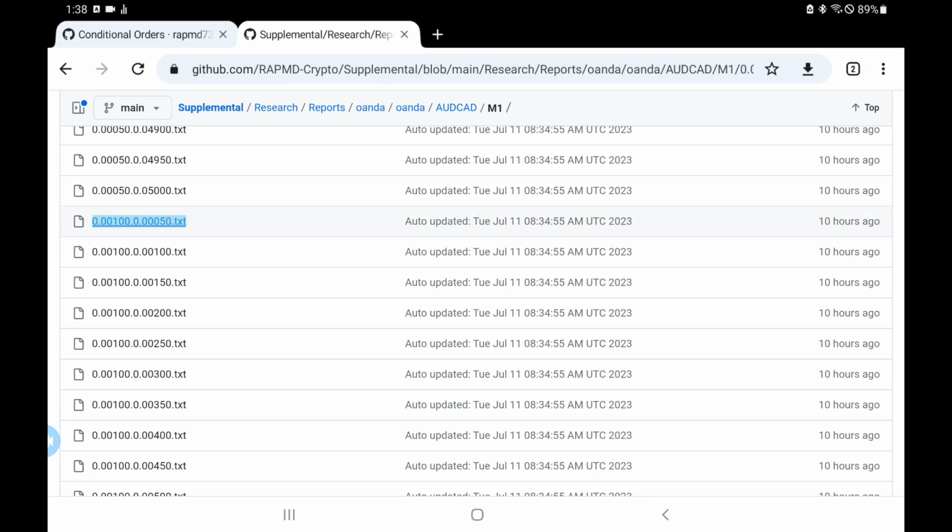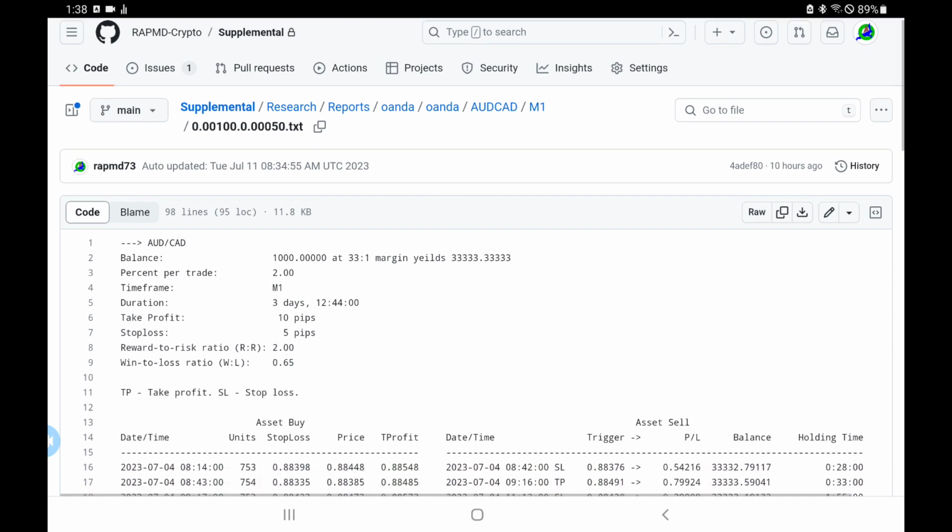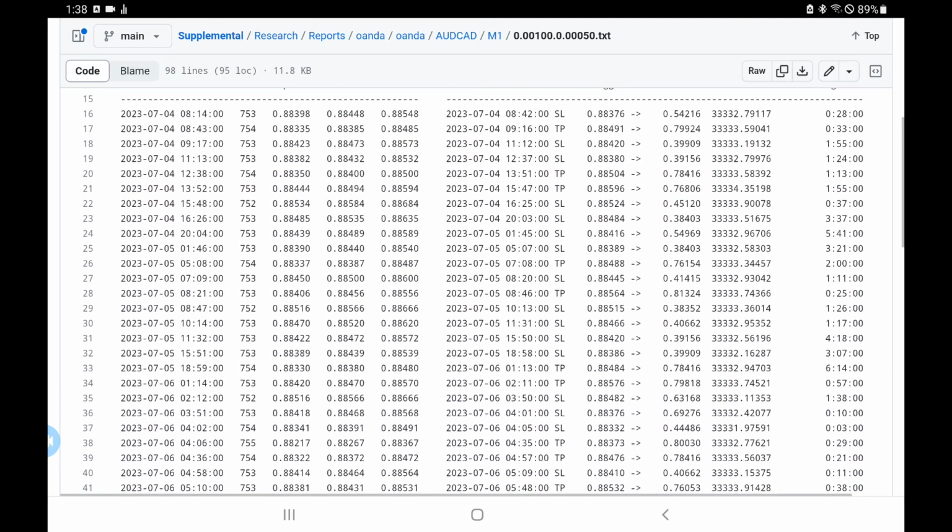Okay, 10 pip and 5 pip. So a 2-to-1 reward to risk ratio. And our win to loss rate is below 1. We lost money. And we can see how that actually played out with the stop losses and the take profits.